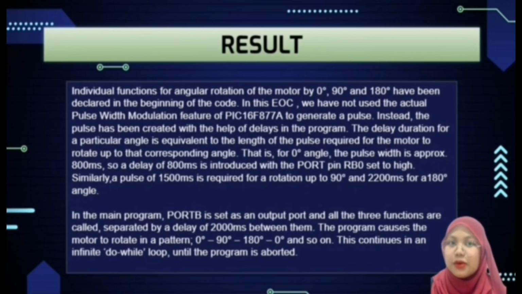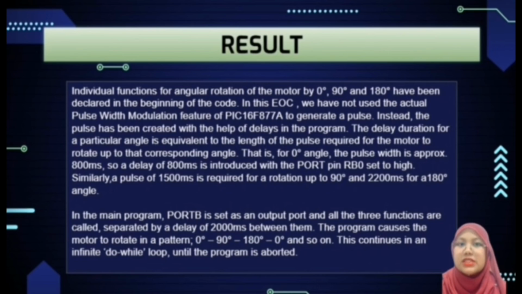In this EOC, we have not used the actual pulse width modulation feature of the PIC16F877A to generate a pulse. Instead, the pulse has been created with the help of delays in the program. The delay duration for a particular angle is equivalent to the length of the pulse required for the motor to rotate up to the corresponding angle.